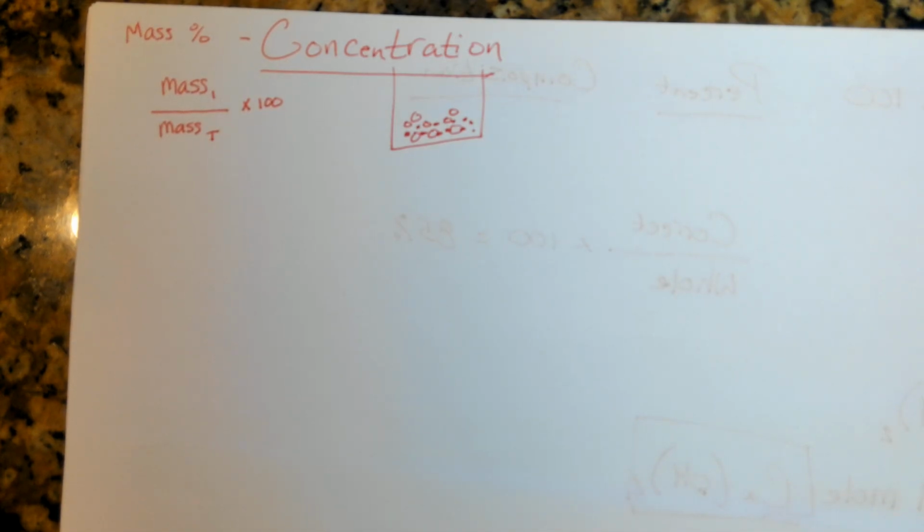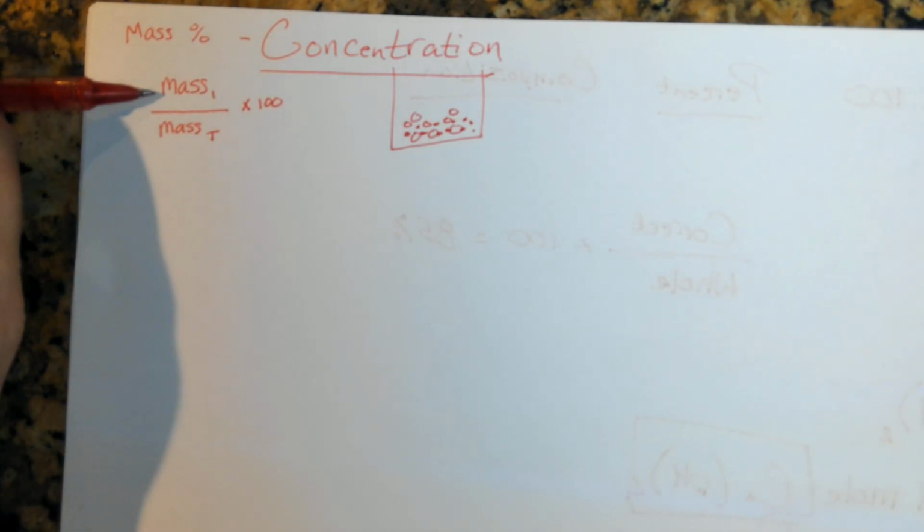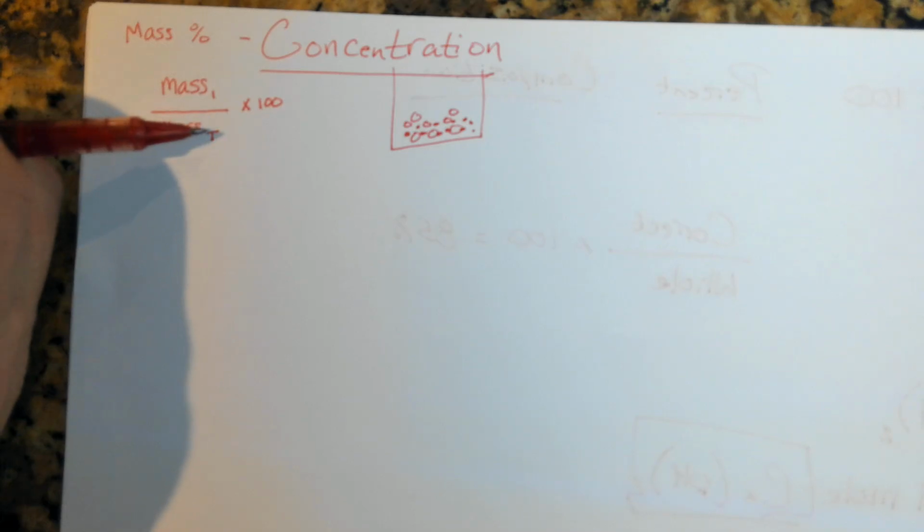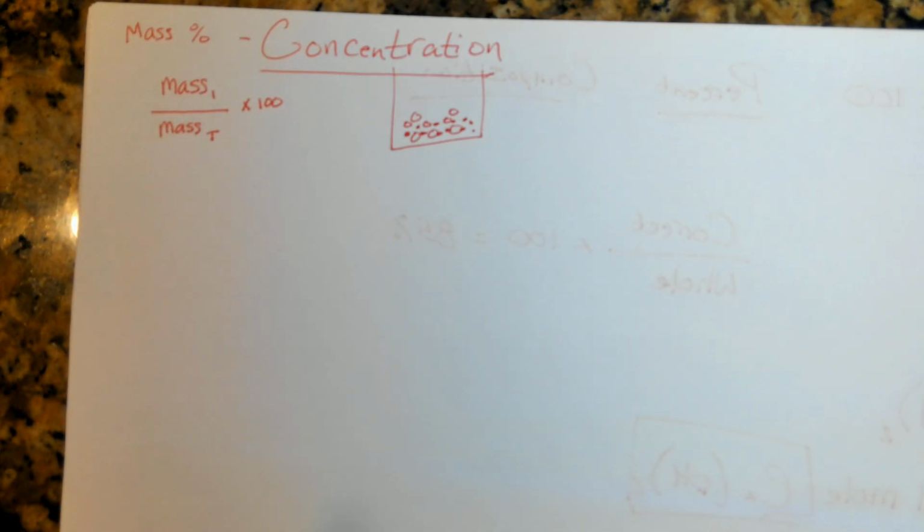So if I have, say, highly concentrated hydrochloric acid, that means that there's a lot of hydrochloric acid usually dissolved in water, right? So in the ratio of one to the other, we would say that the ratio of the substance over the total is going to be quite high, right?